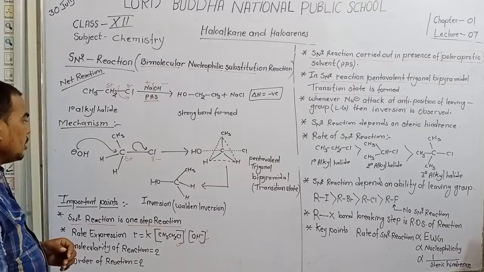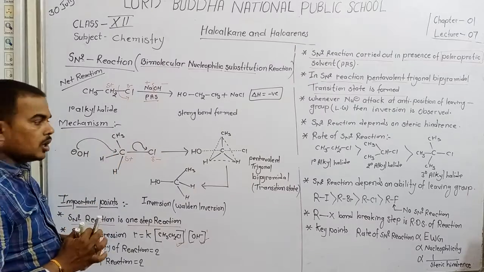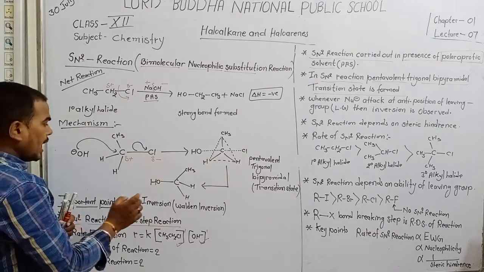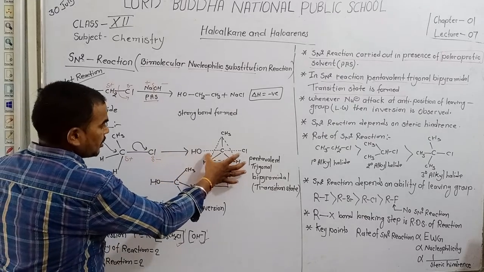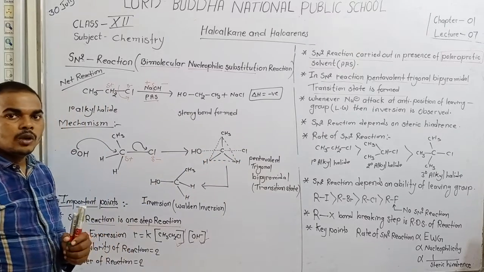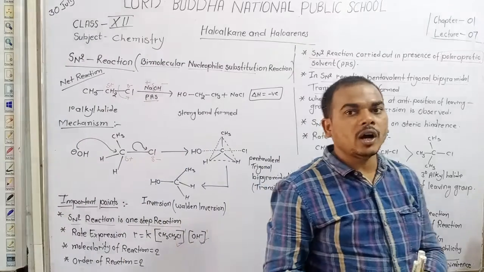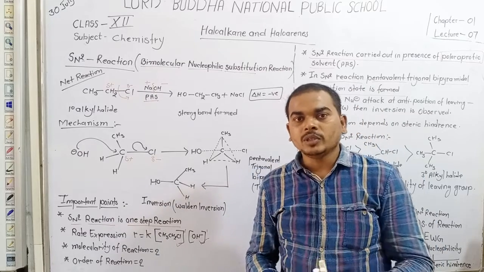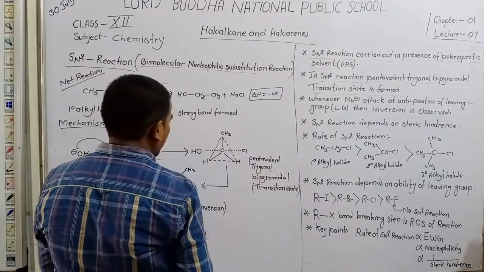Okay, dear student, in the SN2 reaction, the leaving of the leaving group and the attacking of the nucleophile take place at the same time, simultaneously. Then the state is known as the transition state.